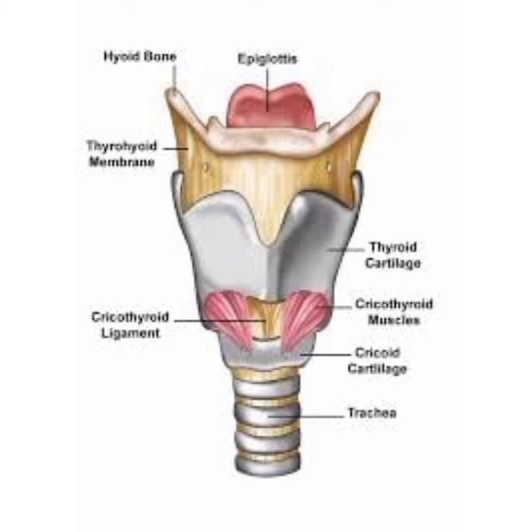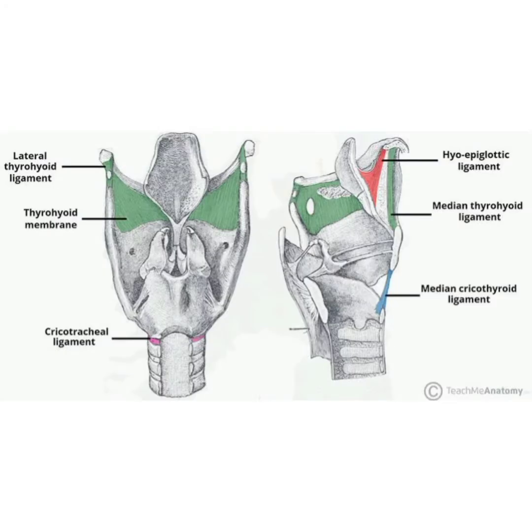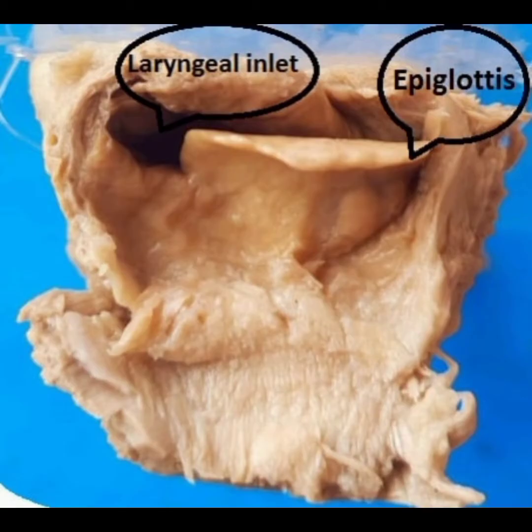And all these cartilages are articulated or connected by means of ligaments. And in addition to maintaining the pathway open or patent, the movement of these cartilages, which is assisted by some skeletal muscle, participate in sound production, which is called phonation.